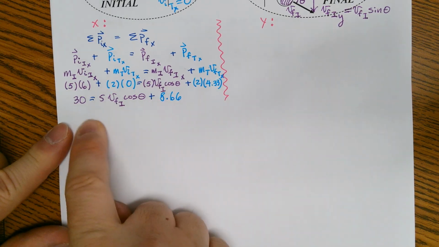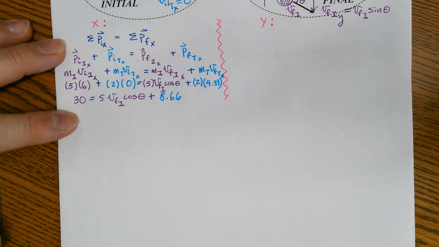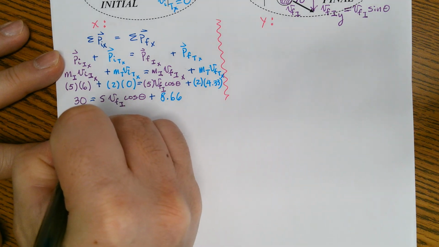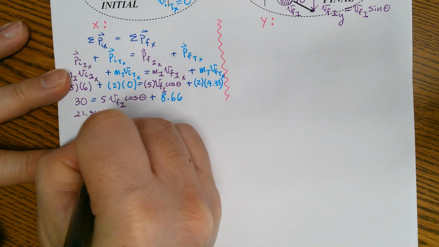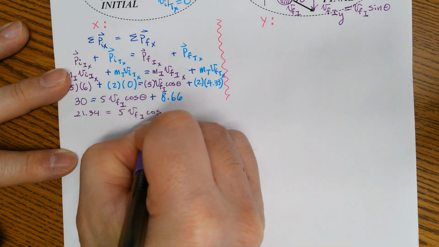So let's bring this to the other side, and what do we get? We get like 21.34 something. Is that what it is? 21.34 is equal to 5 VFI cosine theta.